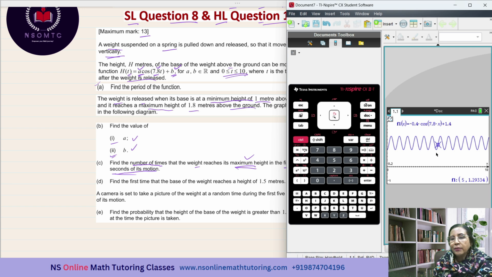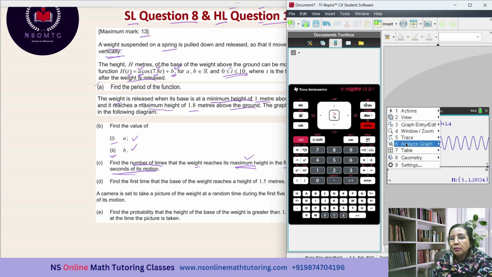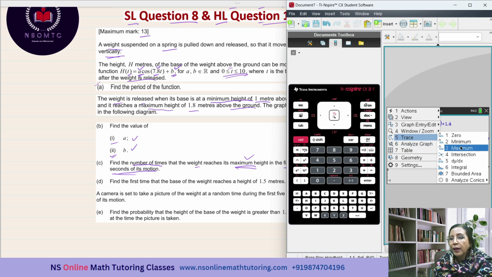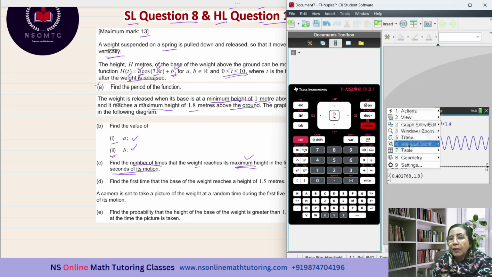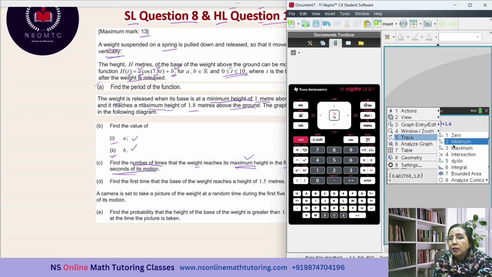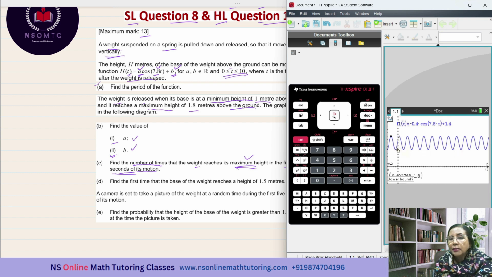So let us give the times when the weight is reaching the maximum height, 1.8 meter above the ground. So this is one of them, and this is another.